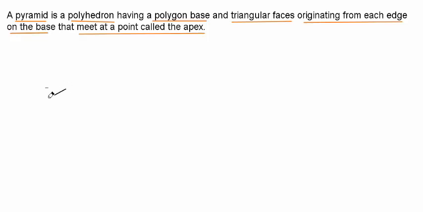So we could have square pyramids, in which the base is a square, and the triangular faces meet at the apex. This is called the apex of the pyramid.